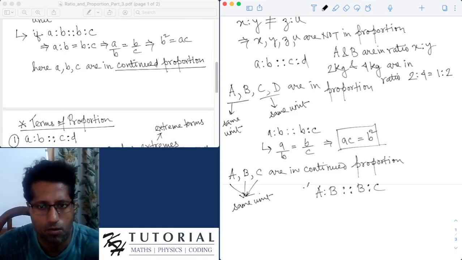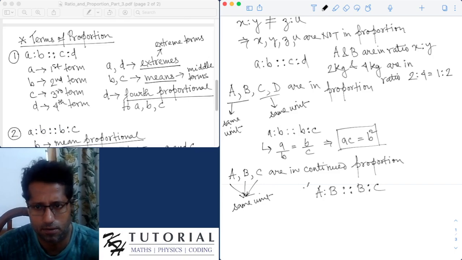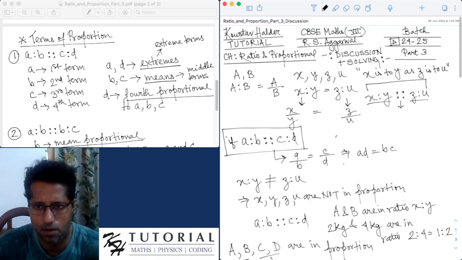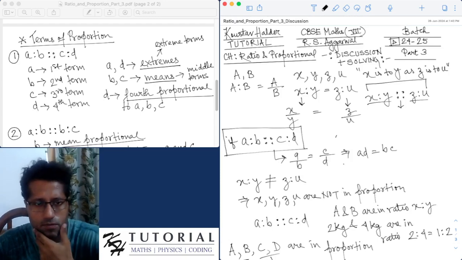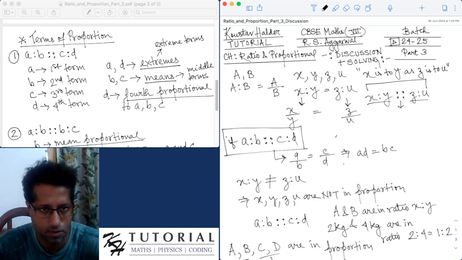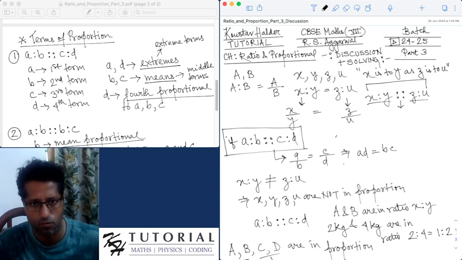Okay, now let's talk about some terms. There are some notations and some terms. In the first proportion, where we have 4 different terms A, B, C, D, the terms are said to be respective terms: A is known as the first term, B the second term, C the third term, and D the fourth term.